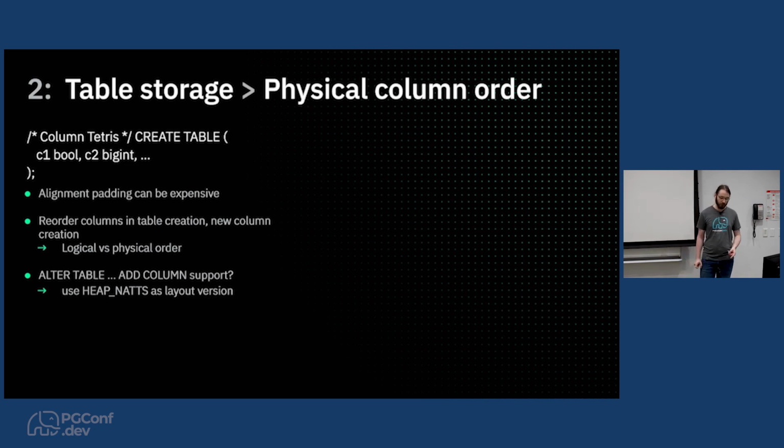Anyway, the point is that there are alignment issues and alignment losses, and we should at some point get to fixing that, because it can be really expensive if your developers start adding columns willy-nilly, and then suddenly you have another few bytes of alignment losses.